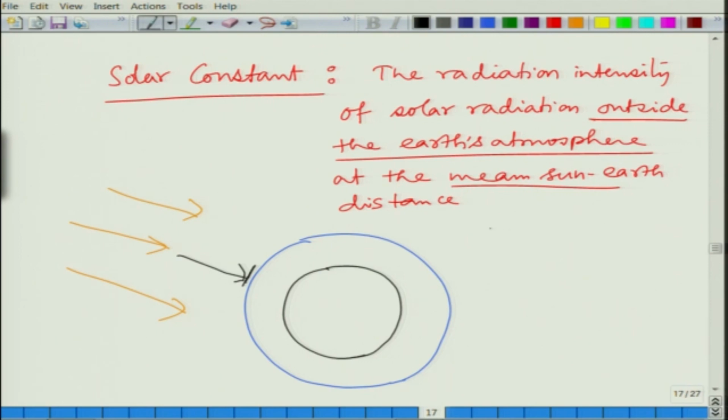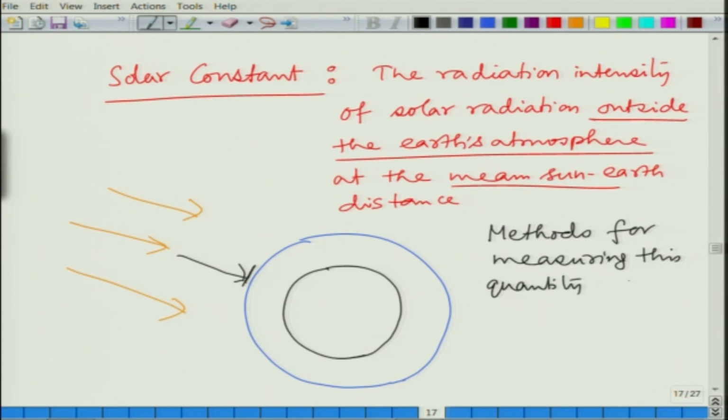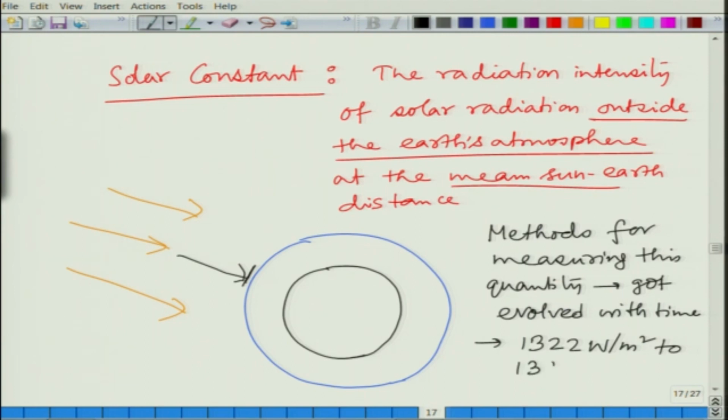Okay. Now, there are lot of different methods for measuring this solar constant. It got evolved with time. Okay. And the value varied up to 1395 watt per meter square. Okay.